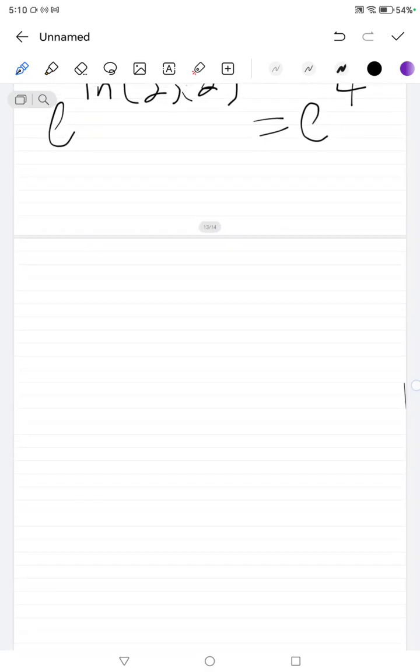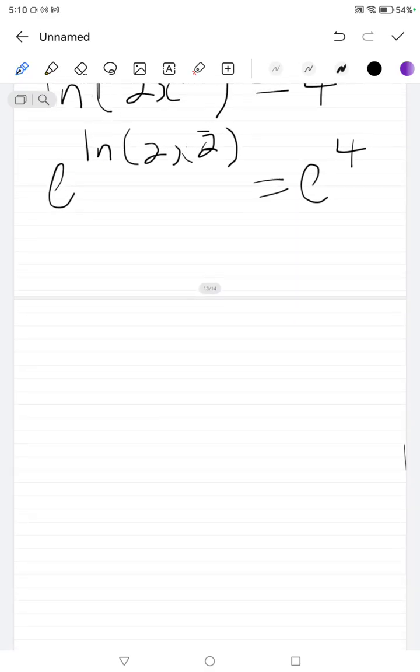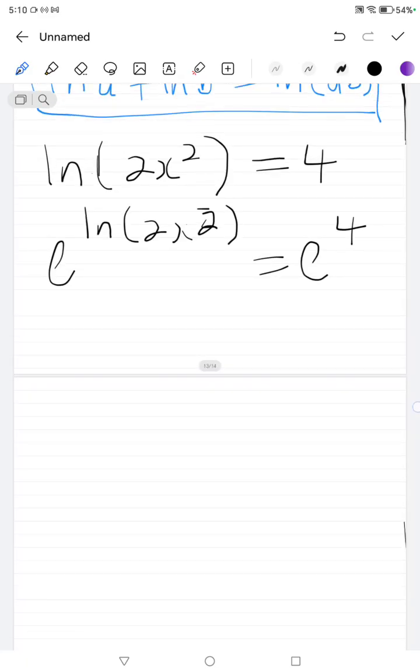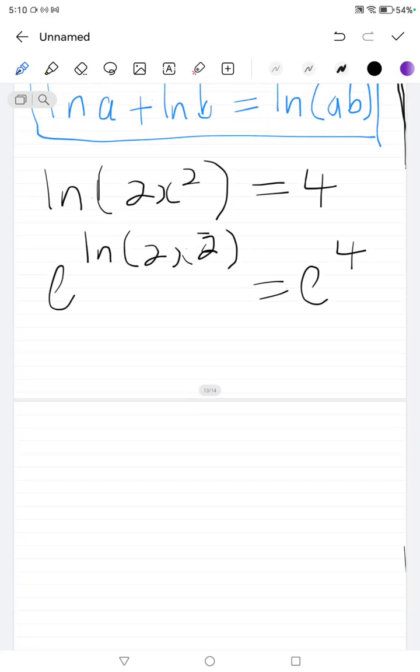You see, sorry about that. Then you know you are allowed to bring that one down and be left with your e to the exponent ln on the top. So it just means you can write, you have your 2x to the exponent 2 is equals to your e to the exponent 4.